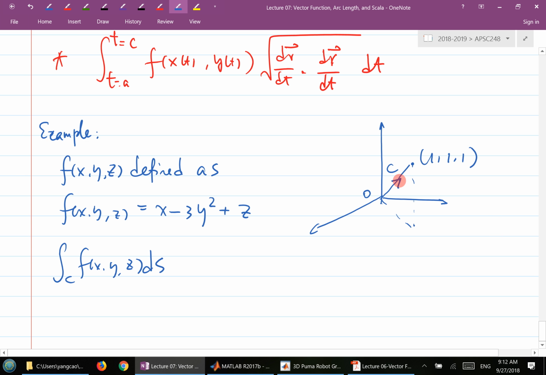Then you have to write down the parameterization of this curve C first before you can proceed.